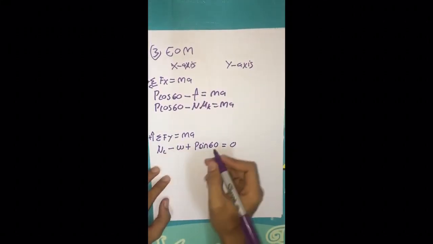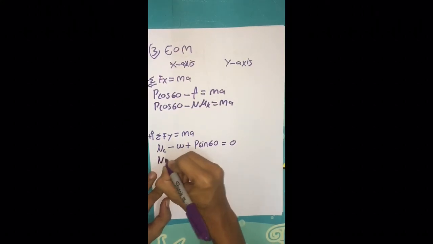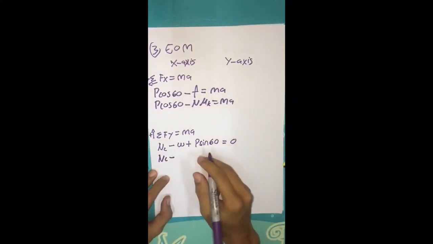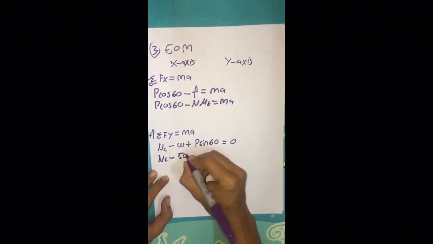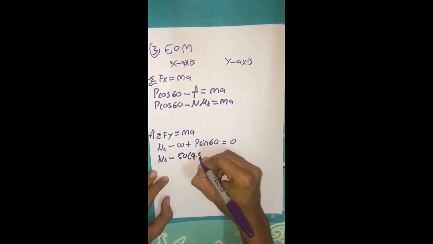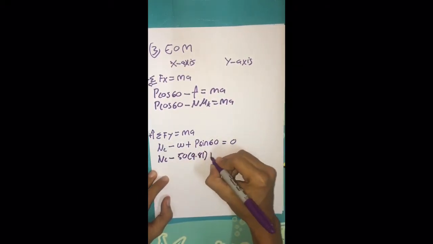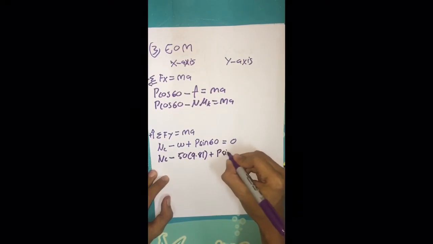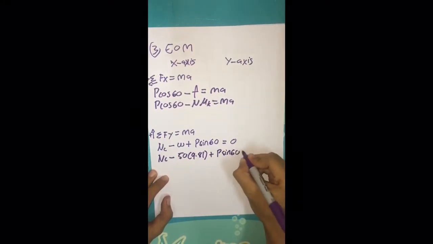For the N, we don't know. For the weight, 50 times 9.81 plus P sin 60 is equal to 0.